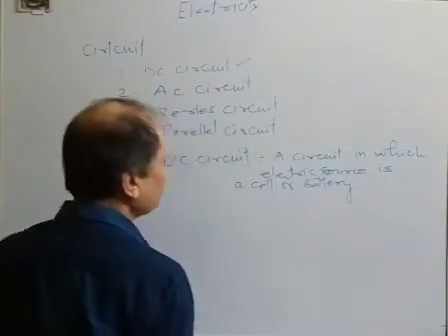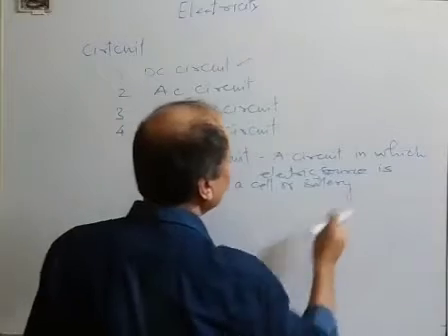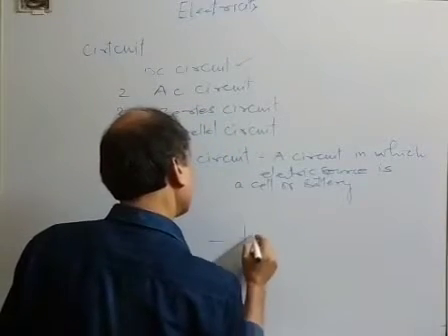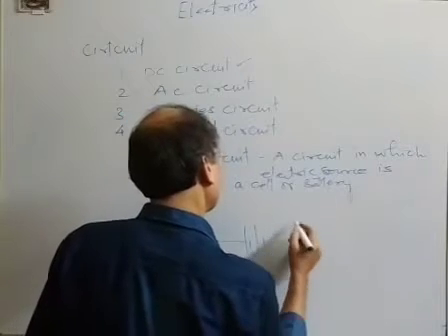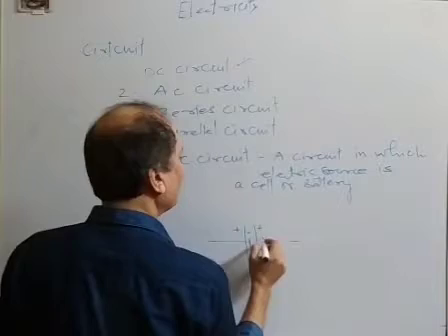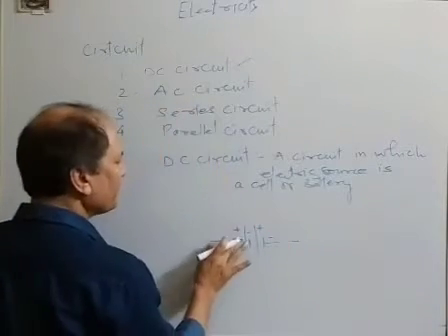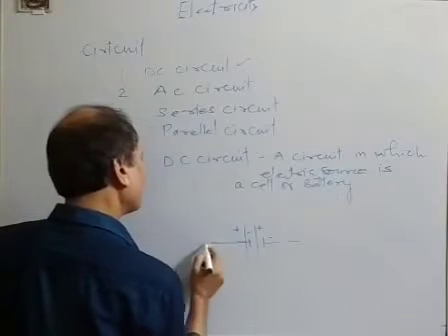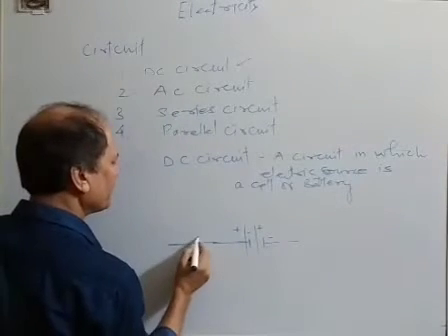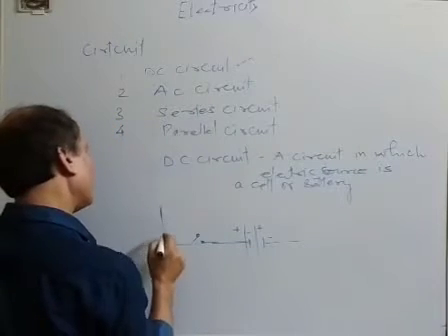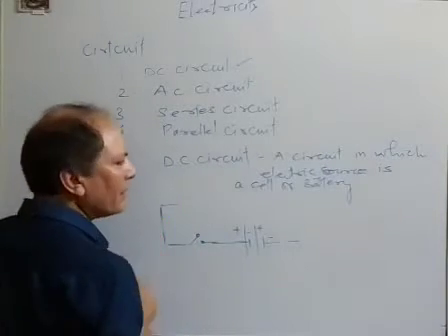It's a symbol. It is indicated this way. Suppose it is your circuit. Positive terminal, negative terminal, positive terminal, negative terminal. After that, switch. After that, resistors.